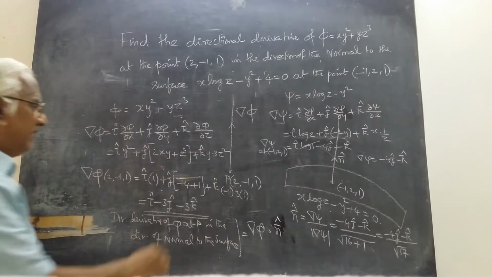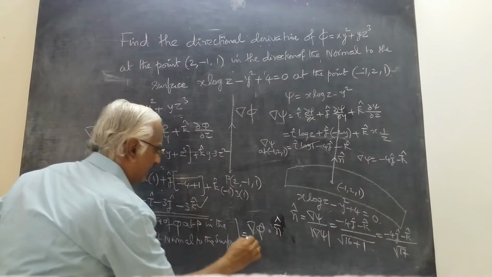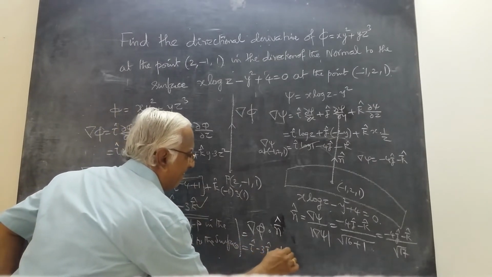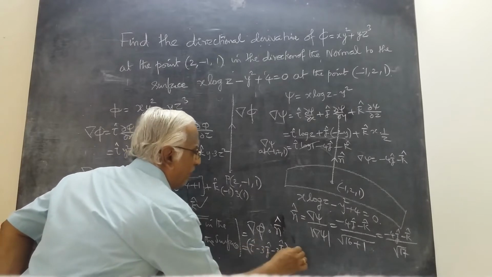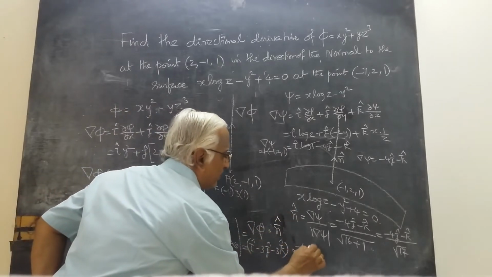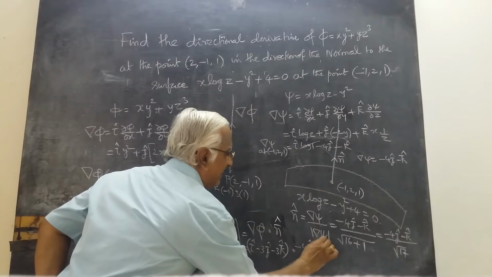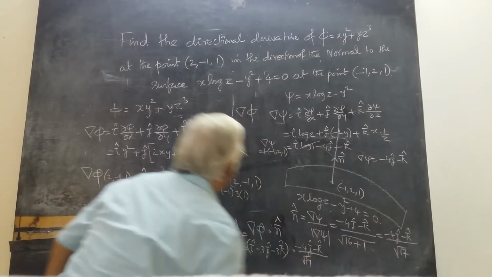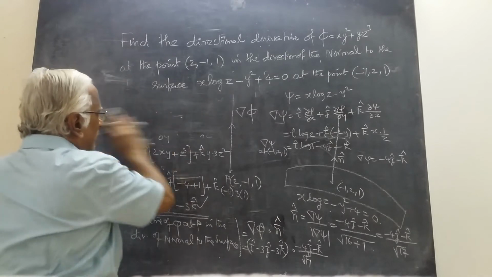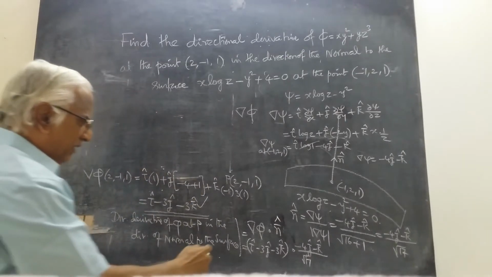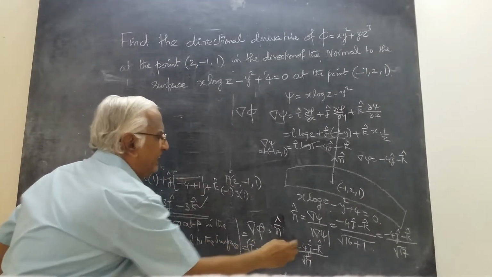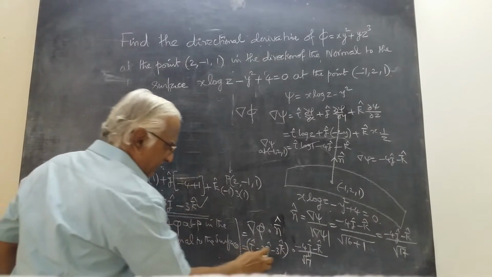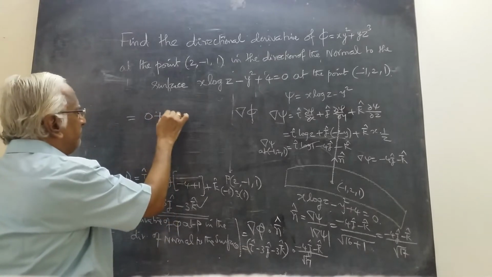Del phi is i minus 3j minus 3k, dot (-4j minus k) divided by root 17. The dot product gives i into i, zero. The j coefficient is -3 times -4, plus 12.